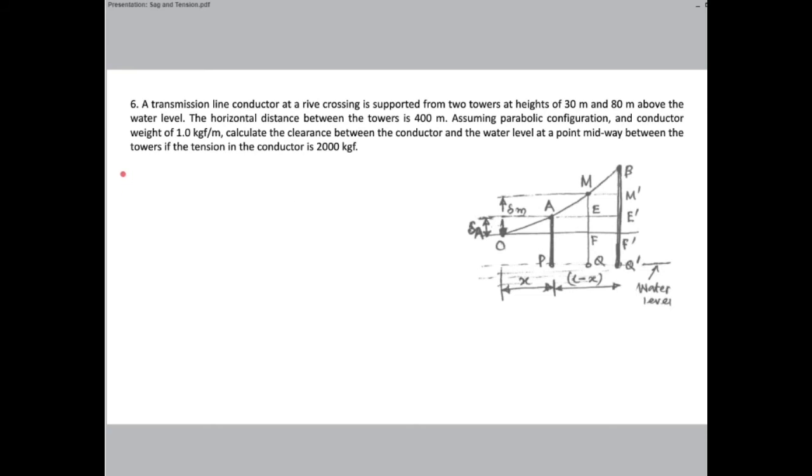Now we can assume that M is midway between the two towers. Now the distance of M from O, which is the lowest point of the conductor, we can write as xm, the distance of the middle point.